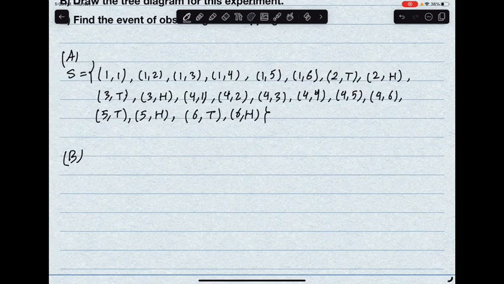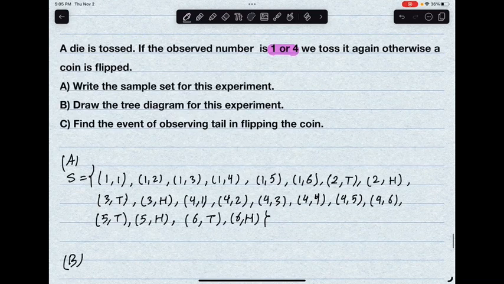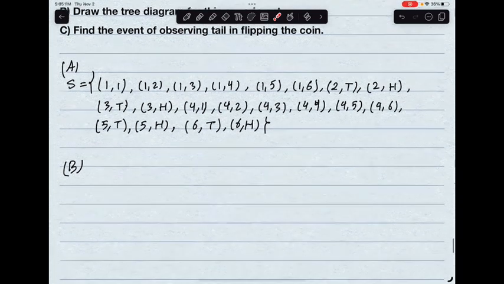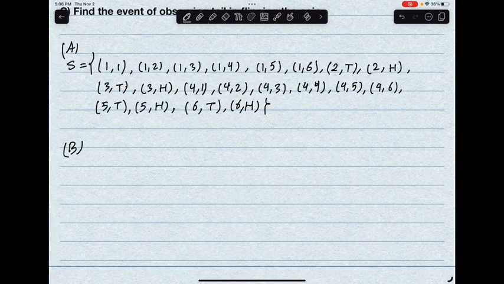For the tree diagram, the first action, the first event, is tossing a die. So we have six options: 1, 2, 3, 4, 5 here and 6 here.